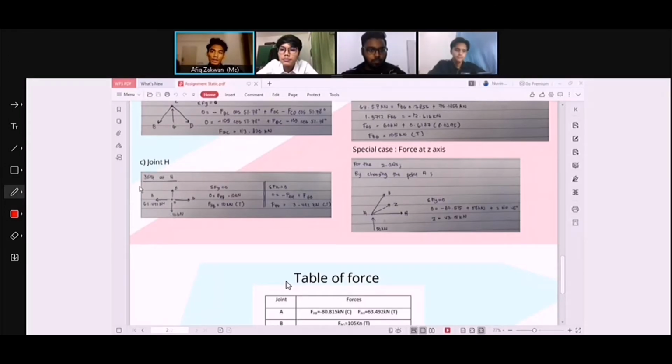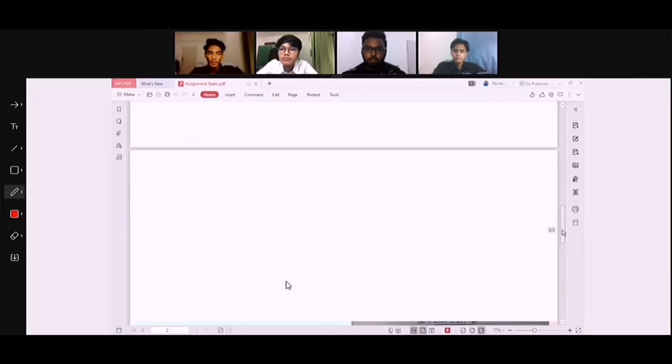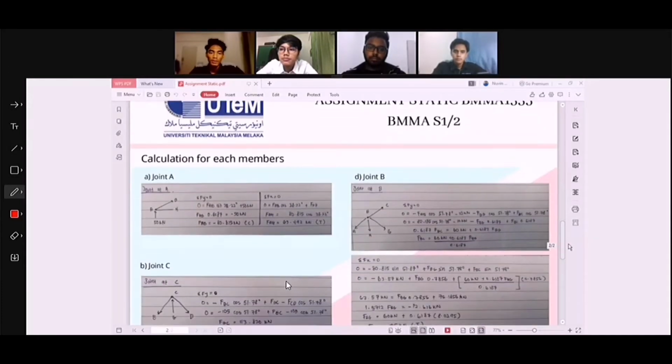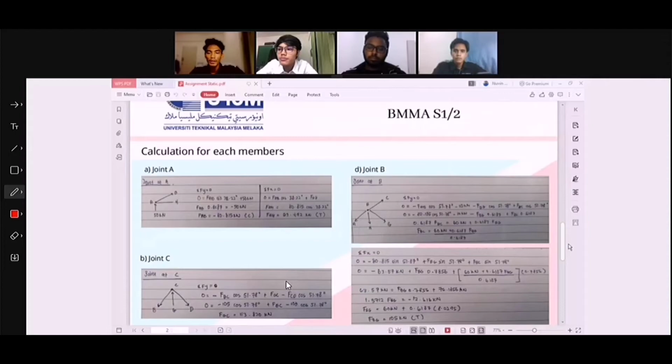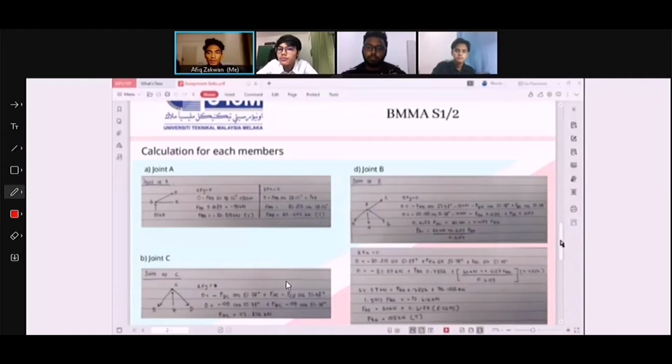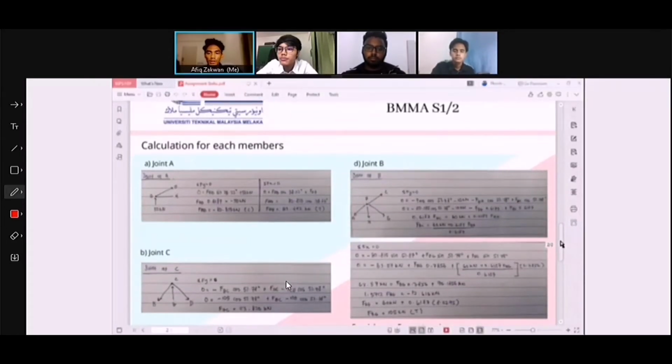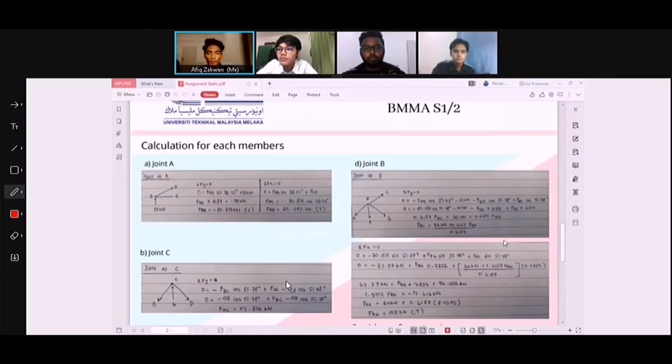So the next one is joint B. At joint B, there are several members, which is the most of all. It consists of BC, BG, BA, and also the direction of H. From the summation of Fy, we have come out with one equation, which is FBC.